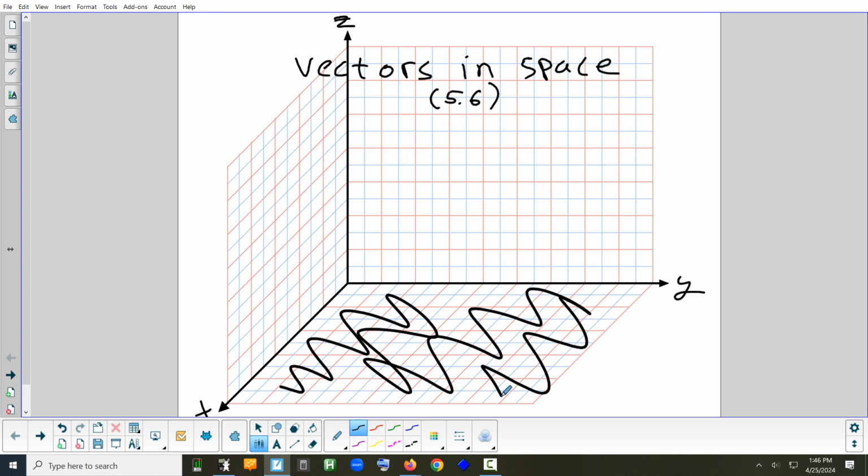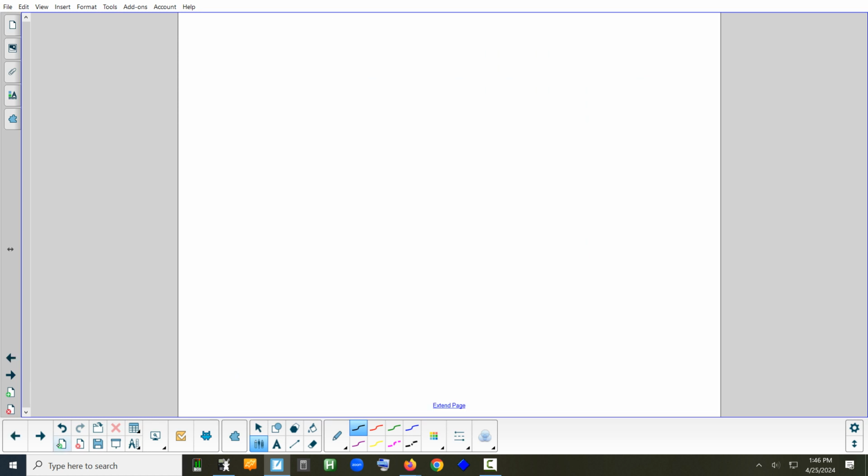And in 3D, you don't have quadrants anymore, you have what you call octants, because there are 8 sections. Like in 2D, you get 4 sections. In 3D, you get 8. Let's imagine the board is a plane. You could go up, right, and come out of the board.